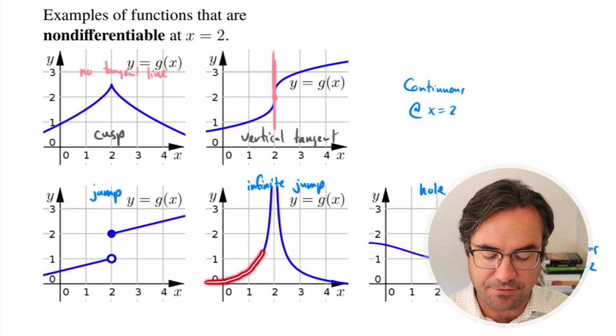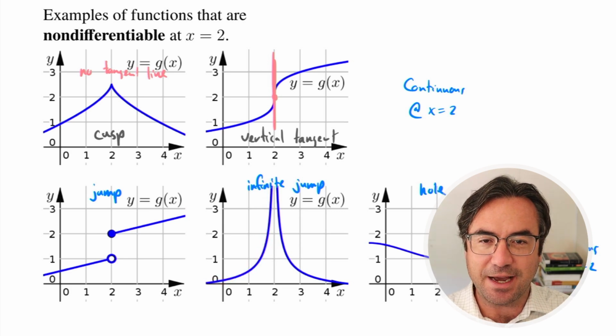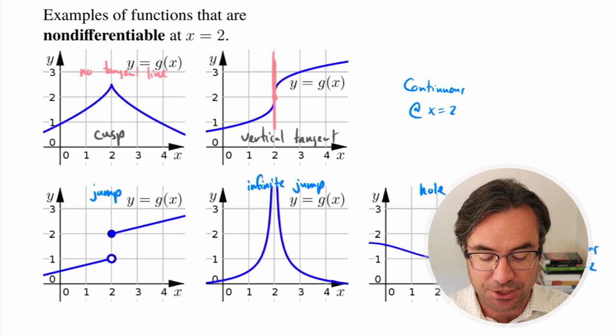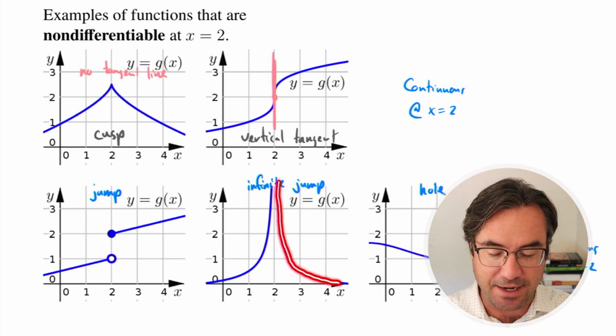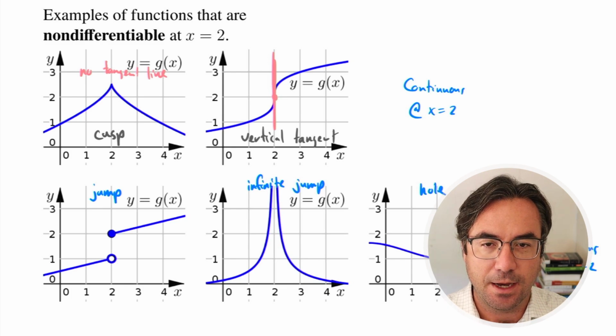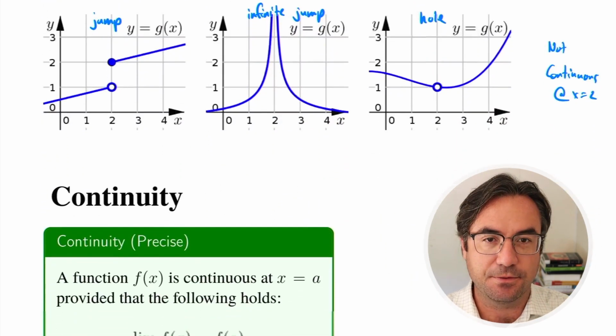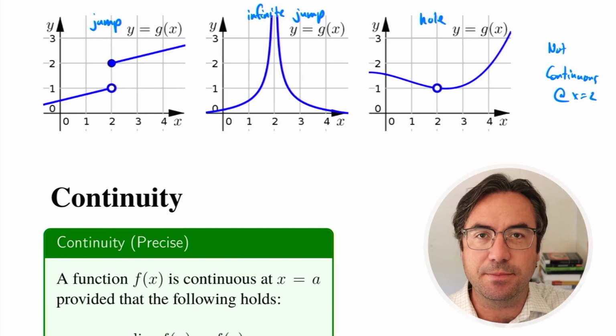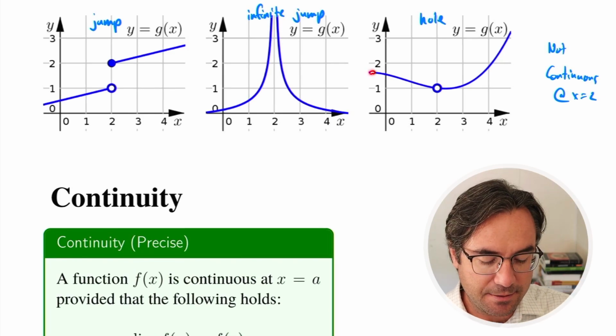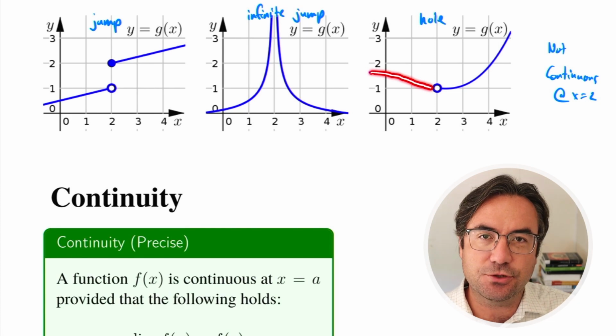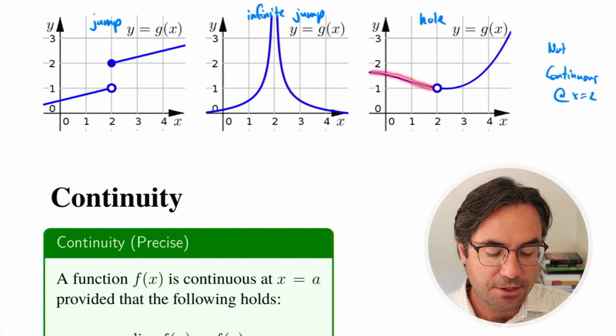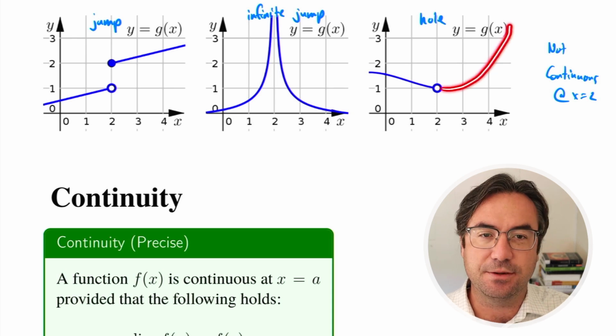If I'm tracing the graph, I'm going up and up and up, and then eventually I just have to take my pen off the page and then put it down on the other side and keep going. And there was this third one where there was just a point missing, a hole. I can't trace over that hole because it's missing, so I literally have to take my pen off the page and keep on going on the other side.